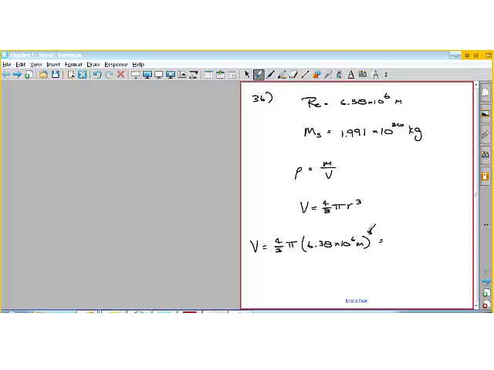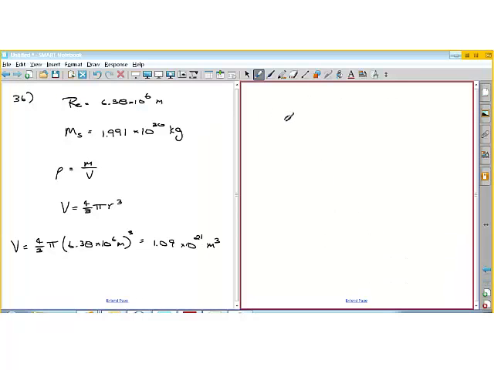Four-thirds times pi times the quantity 6.38 e to the 6th, all raised to the 3rd power. Okay, so the volume is 1.09 times 10 to the 21st meters cubed.